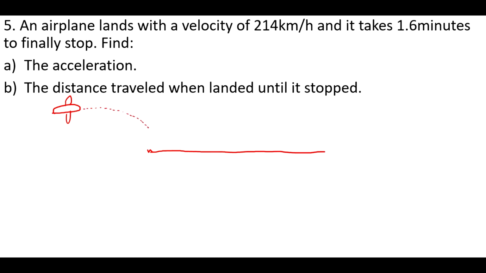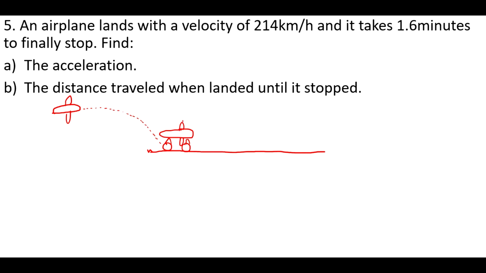And the problem is, this is not the beginning of the problem. The beginning of the problem is when the airplane is on the floor or the ground, when it already landed. So this is the airplane, okay? Of course it lands, but has velocity and is going to move.